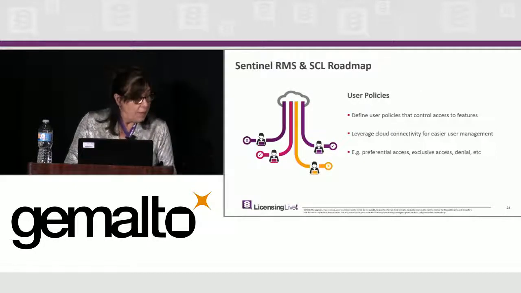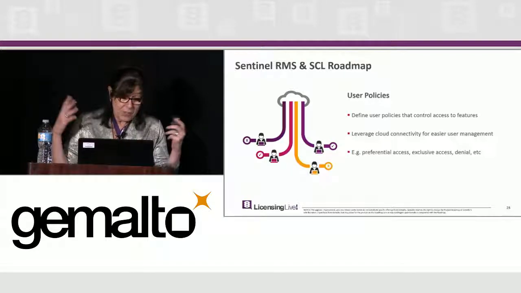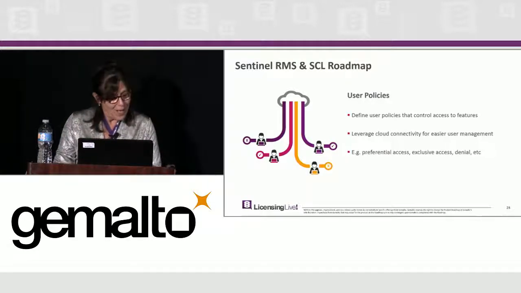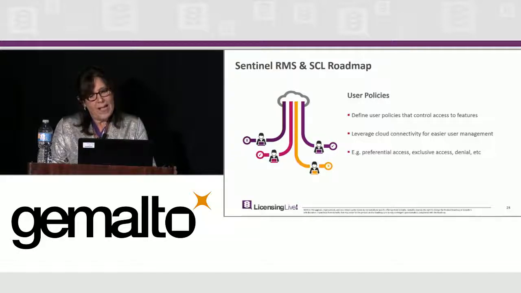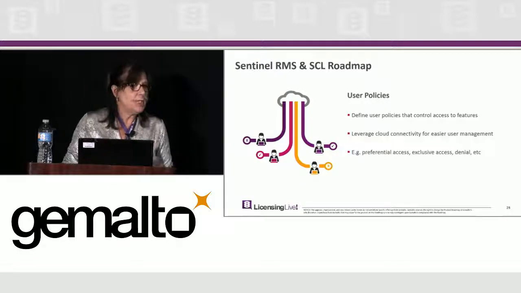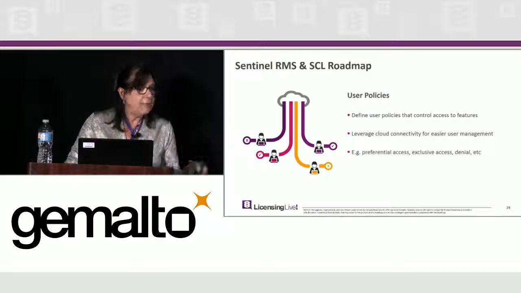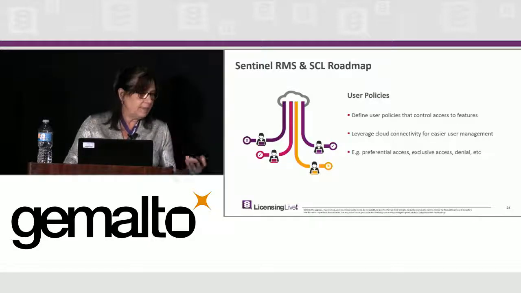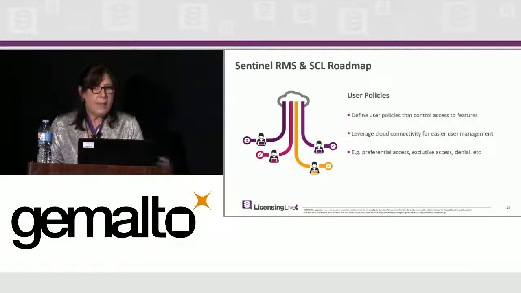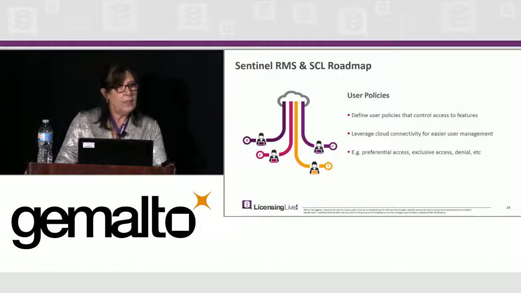And finally, for RMS, we're going to do much more, but finally for my session, we'll provide the ability to define user policies that control access to features such as preferred access, exclusive access, denial, and so forth. And this is by leveraging cloud connectivity for easier user management.